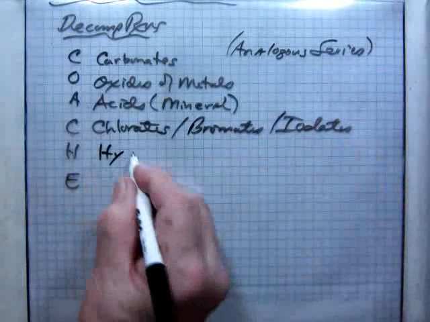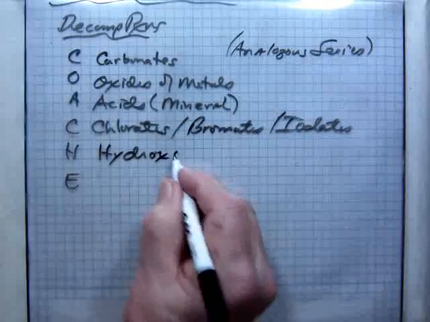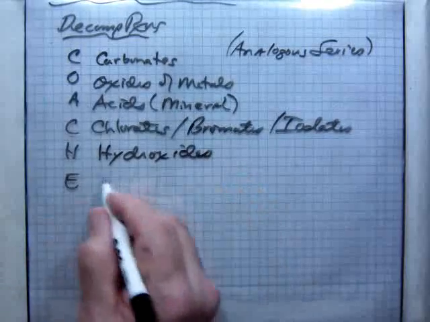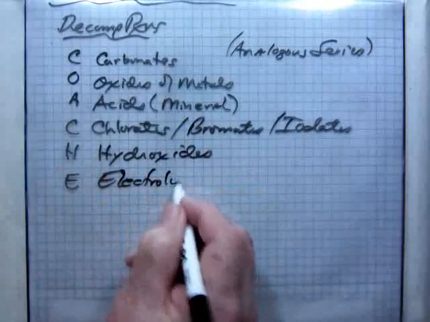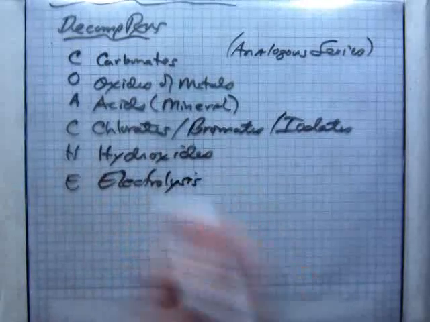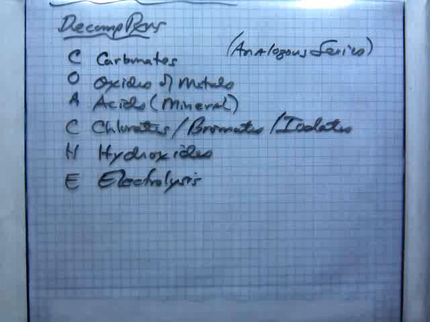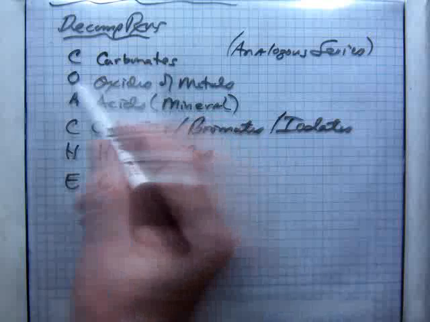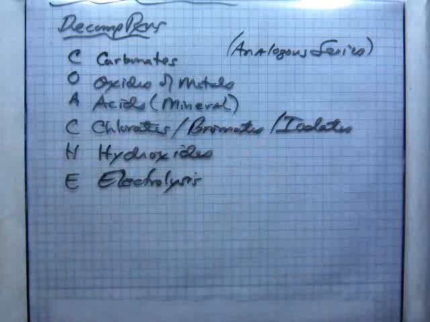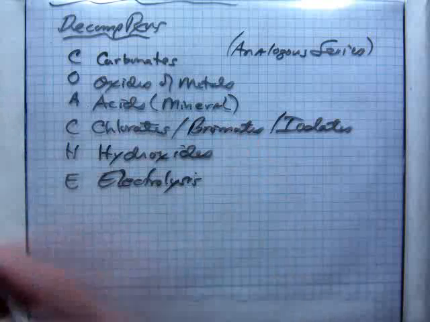Hydroxides, derivatives, and this is a process, electrolysis. This is the refining of salt solutions or salts into their basic standard states. This is electroplating. Anyway, the idea is that carbonates, if heated, break down into metal oxides and sometimes water.